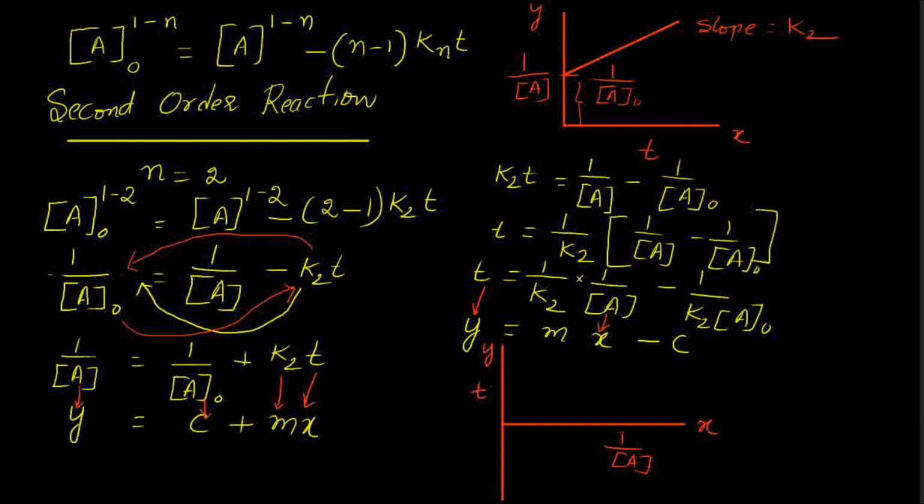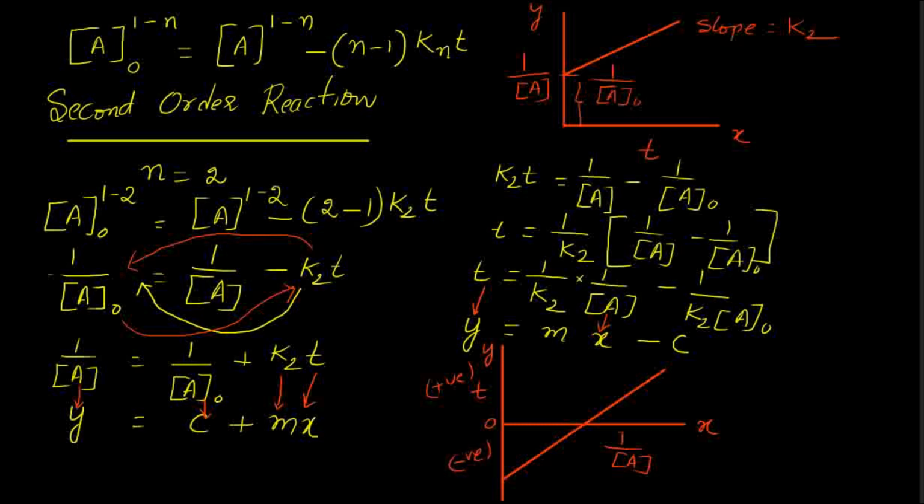So that's why the graph is like this. Here this is the 0, the above values are the positive values, and below the 0 is negative.